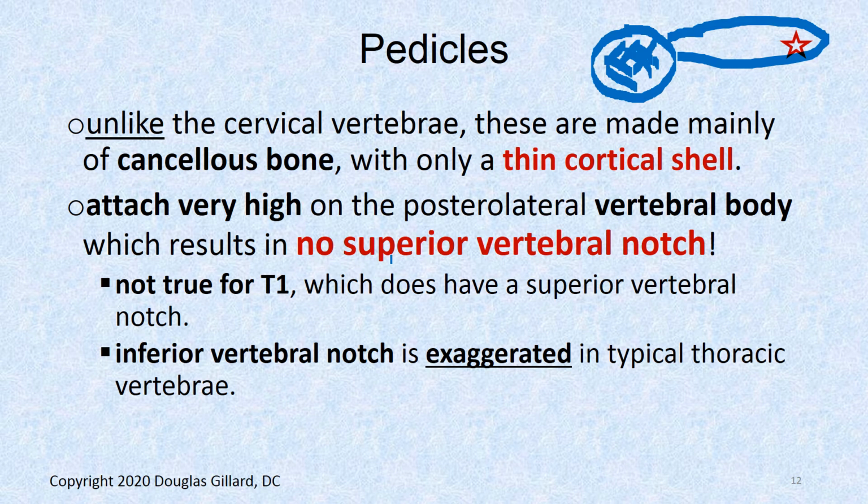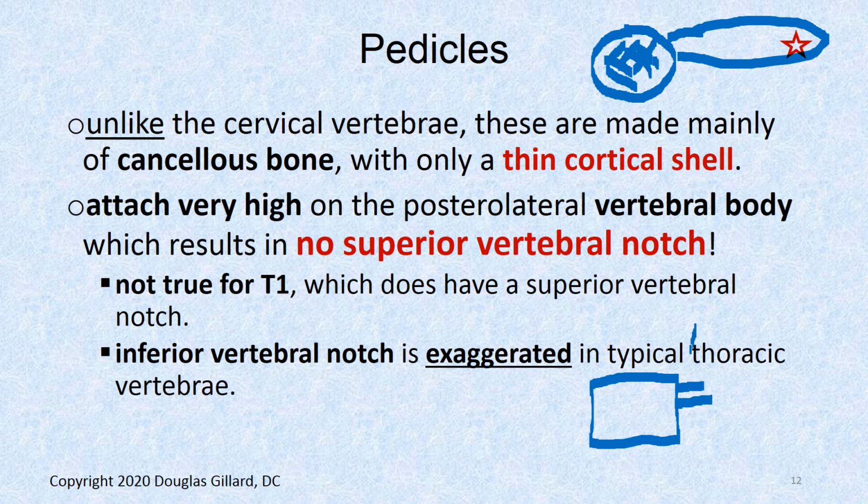Okay, we already said there's no superior vertebral notch. The pedicles are also attached very high on the posterolateral vertebral body. If this is a side view here, most vertebrae have pedicles like that, right?